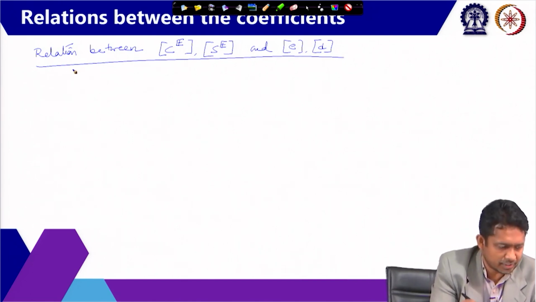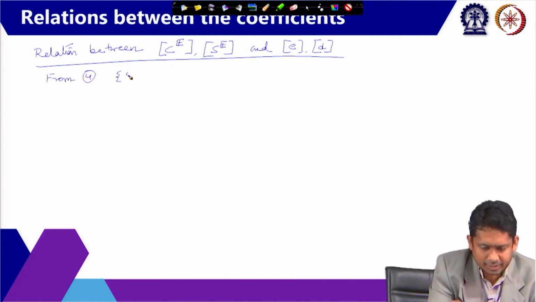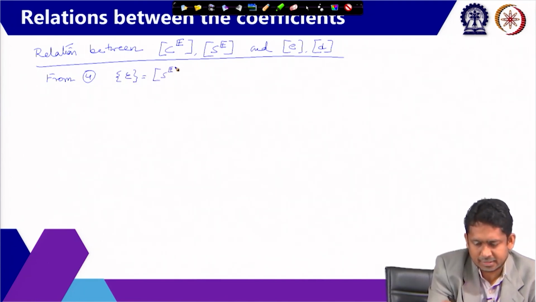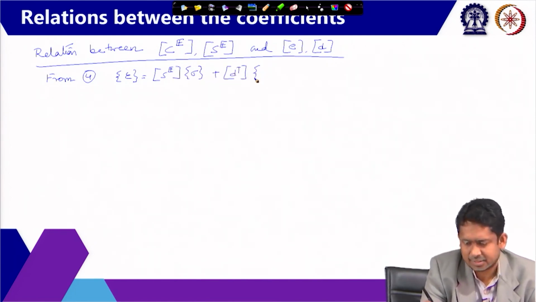So, from equation 4 we can write epsilon equal to SE multiplied by sigma plus dt multiplied by the electric field.